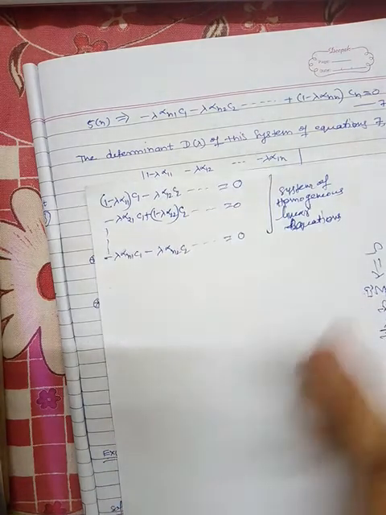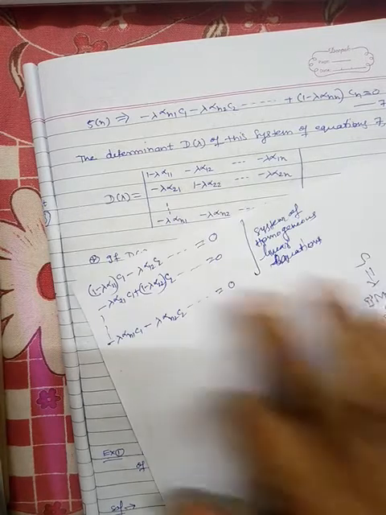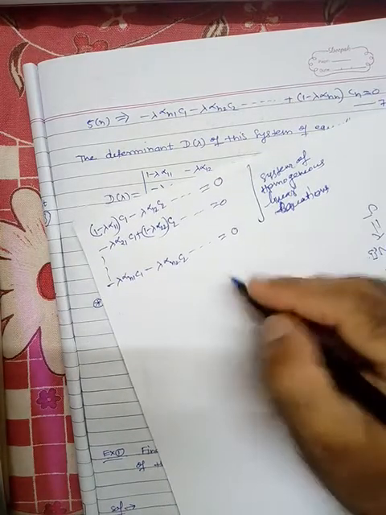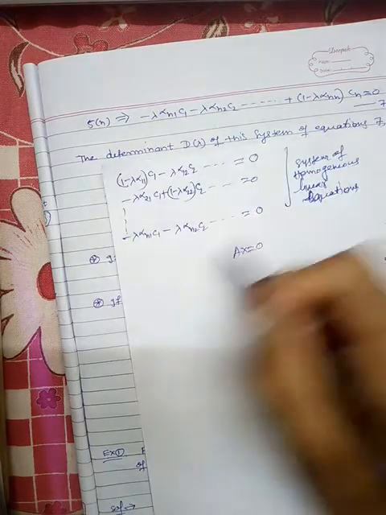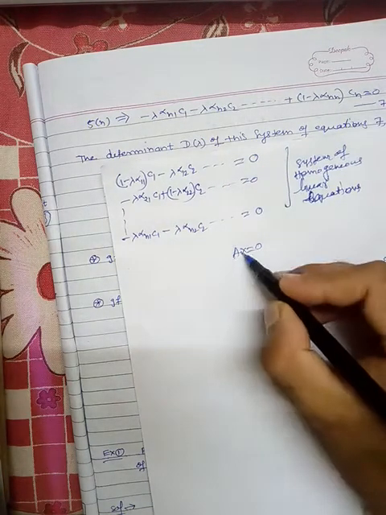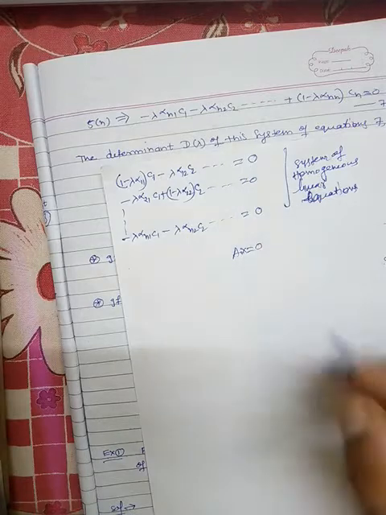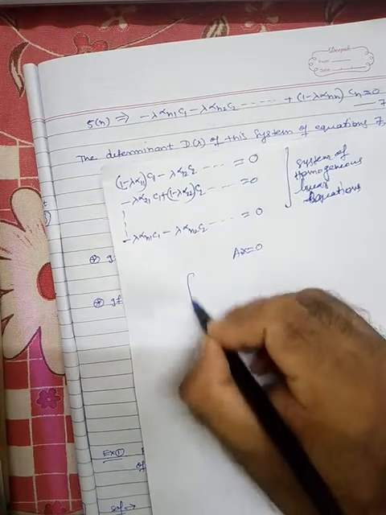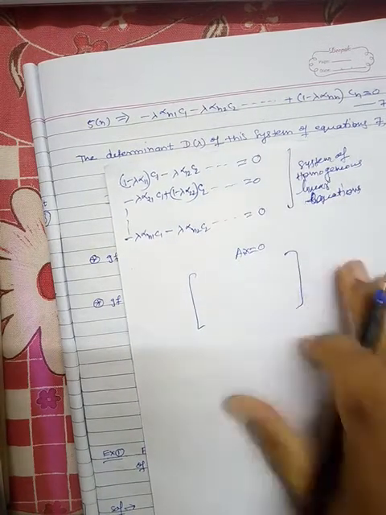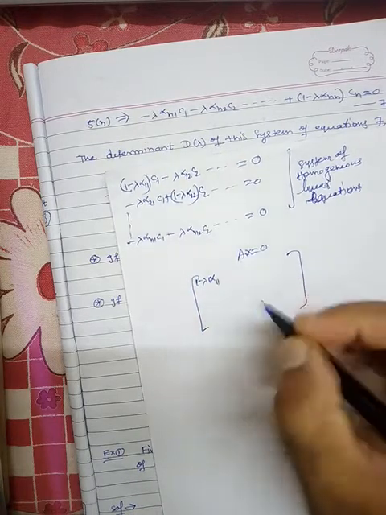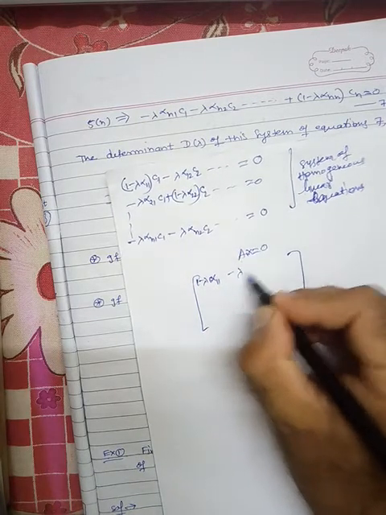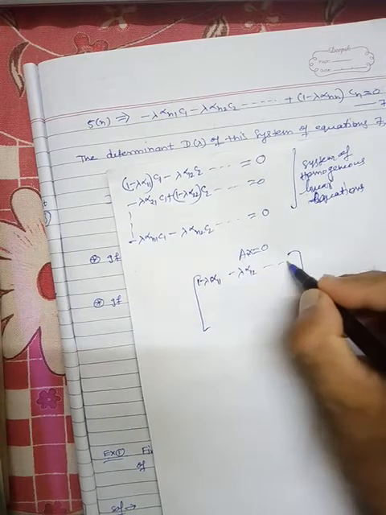Now what is our interest? Our interest is in the solution. So whenever we have an Ax equal to 0 type of equation, this is an Ax equal to 0 type of solution, where x is nothing but C1, C2, Cn. And what is A? This can be written as this matrix: 1 minus lambda alpha 1 1, minus lambda alpha 1 2 and so on.